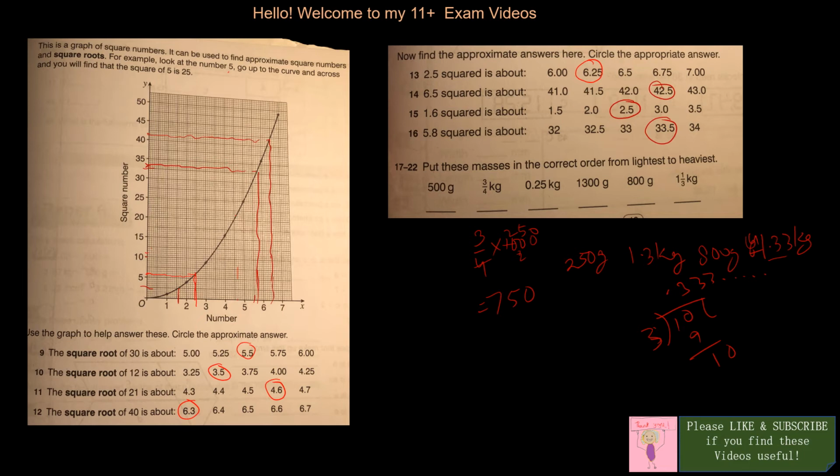So which is the smallest? The smallest is 250. The next is 500. The next is 750. Then 800. So 800 gone, 500 gone.